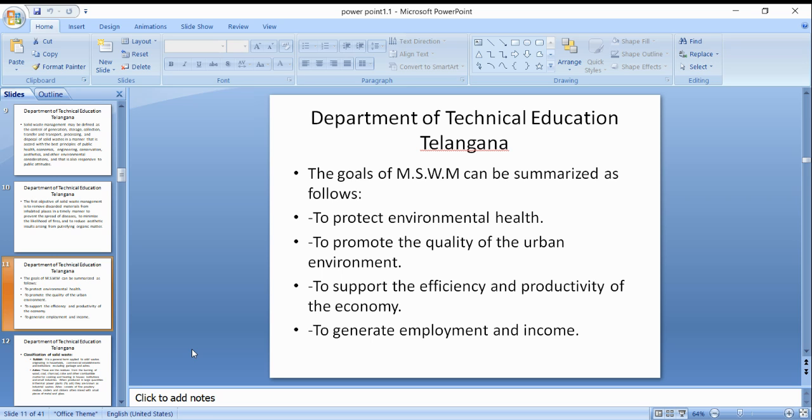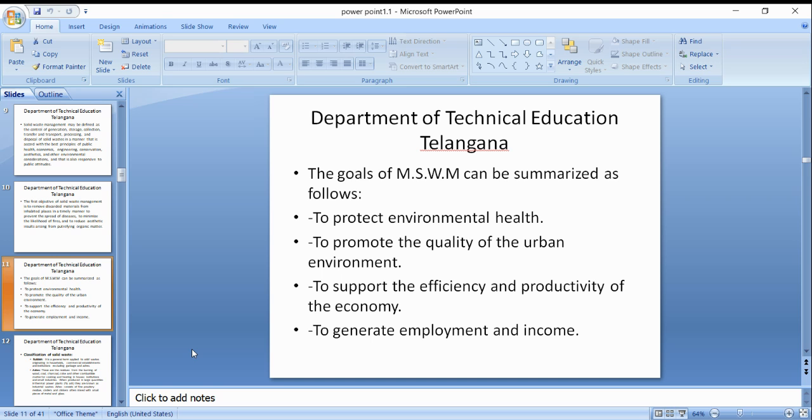How will it affect income? High standard people, middle standard people and low standard people have different incomes, so different localities will generate different types of waste, depending upon their environment. Those wastes should be taken off, and for removing them we can create employment through the municipality.